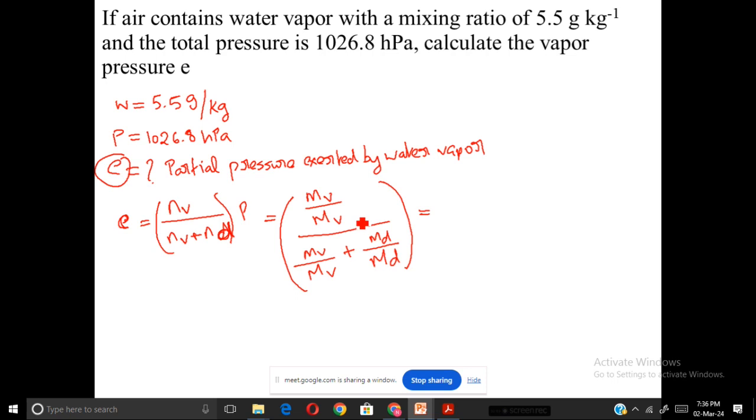So now, into P. Right. If we divide both numerator and denominator, we are multiplying the quantity 1 by md here, and here also. Then mv by md will become w, and md by md will cancel.